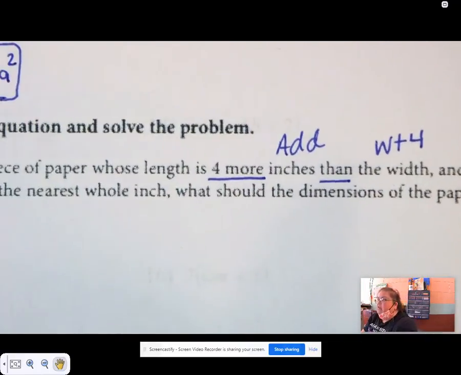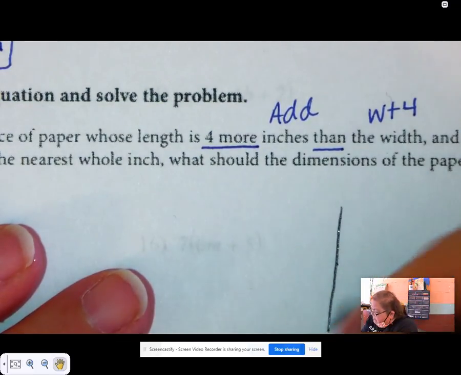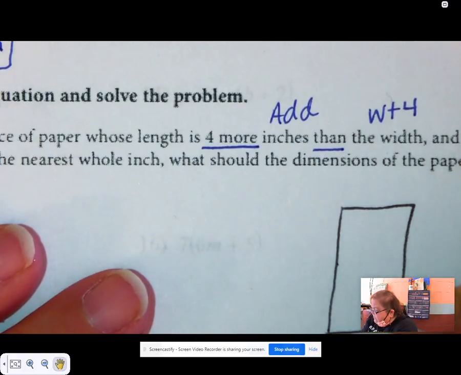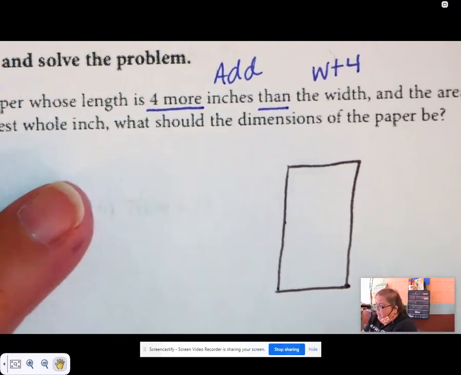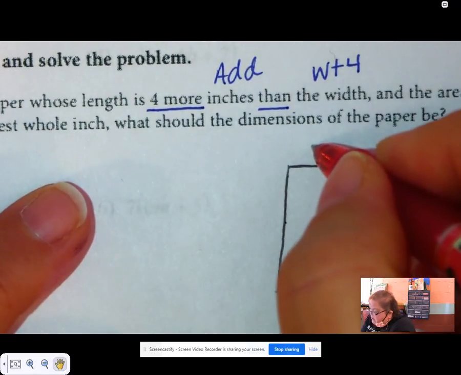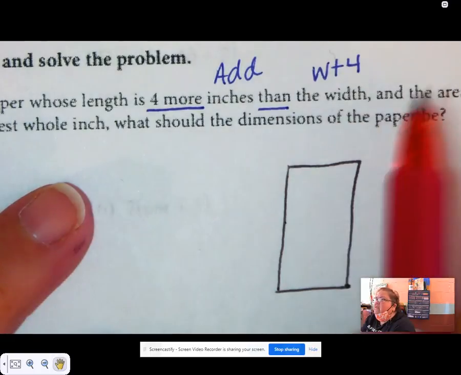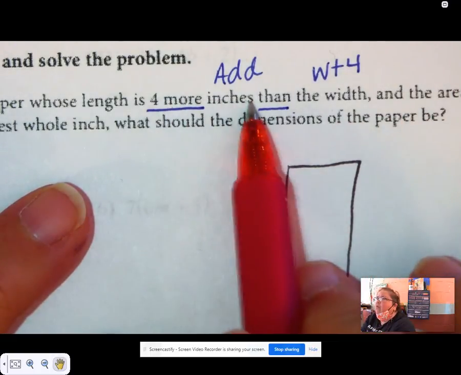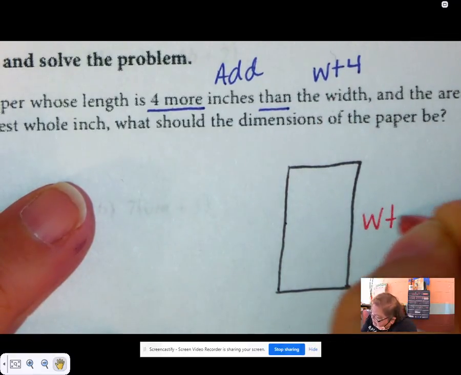Okay? So now, let's put our sheet of paper down here, which is a rectangle. And a sheet of paper is like this. Okay? Always, if you have a shape, make one. So, I know what the length is. What is the length? 4 more than W. So it is W plus 4.